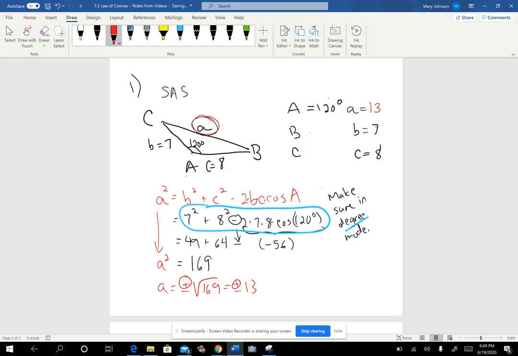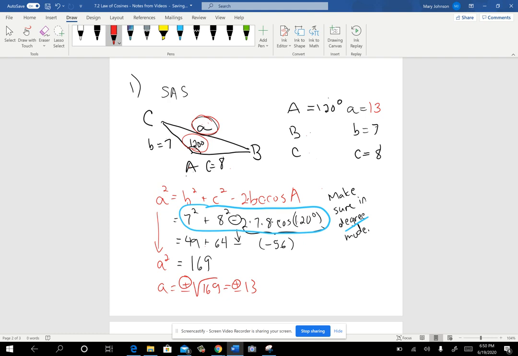Now, once I found that, what I'm going to do is go to the law of sines to find one of the other angles. Now sometimes I have to be real careful about this. In this case, I already have the obtuse angle given to me, so that saves me a little bit. I know both B and C are acute. I have to be careful sometimes, because I'm going to wind up having to use the inverse sine.